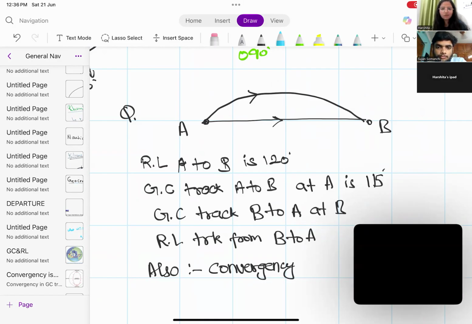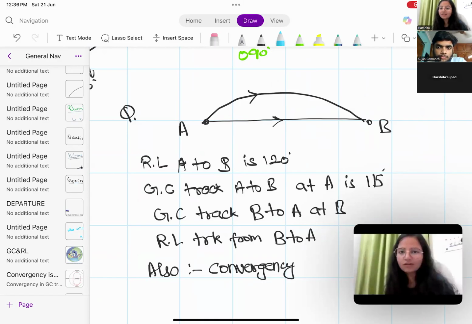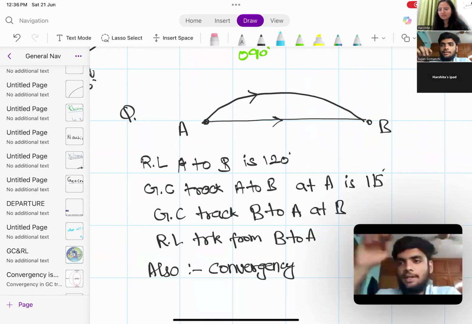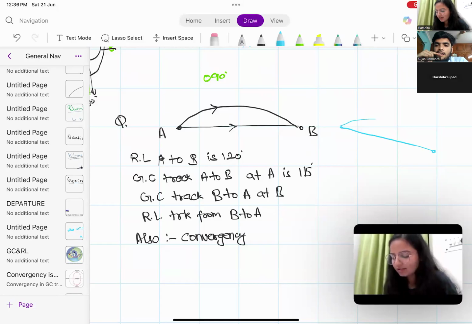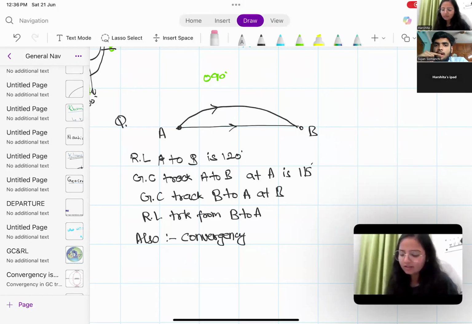Actually, the diagram is wrong if I consider it as 120 degree. It should have been looking like this, and then like this. But it's okay. For our convenience, we'll just draw it as a straight line because the answers are going to be the same.